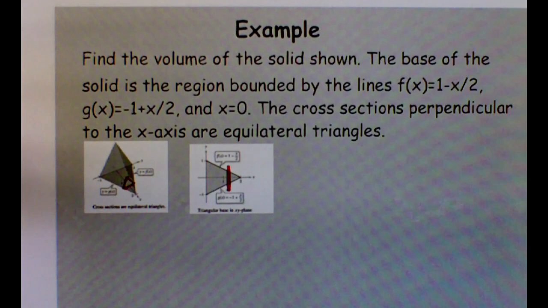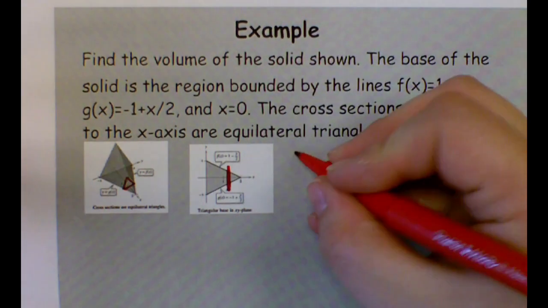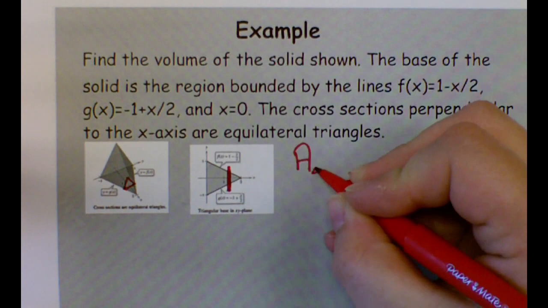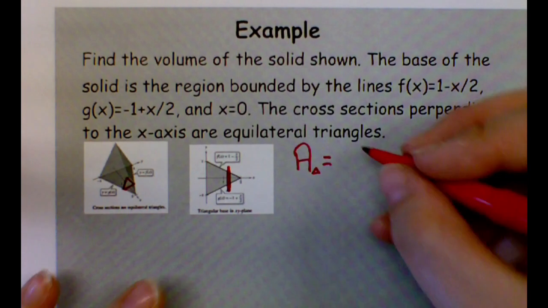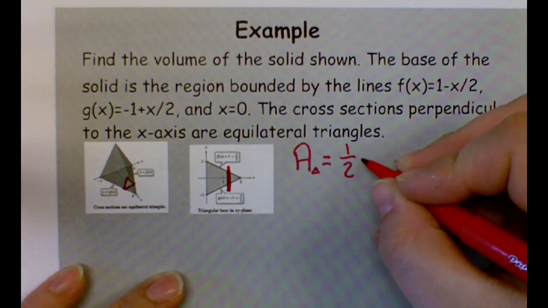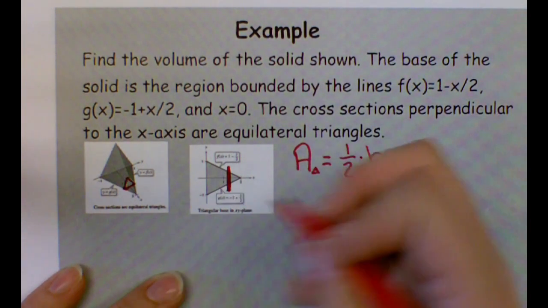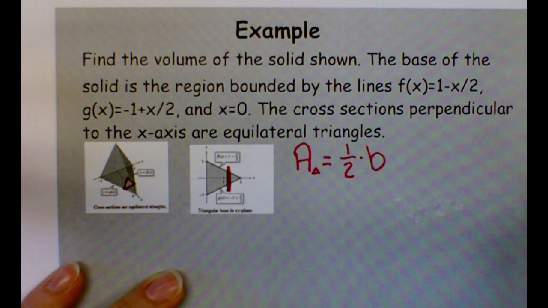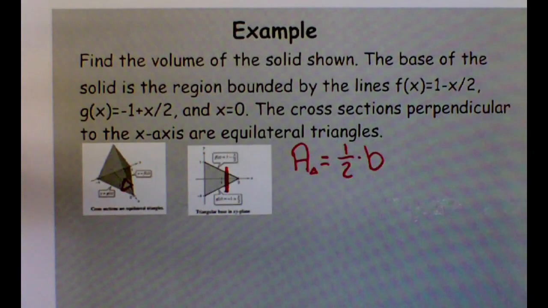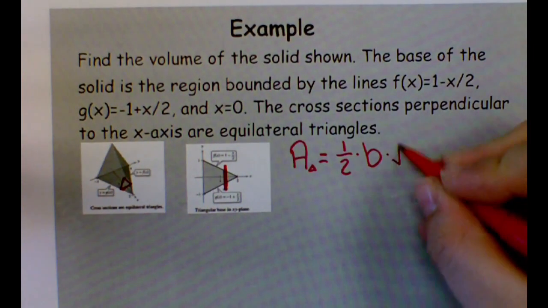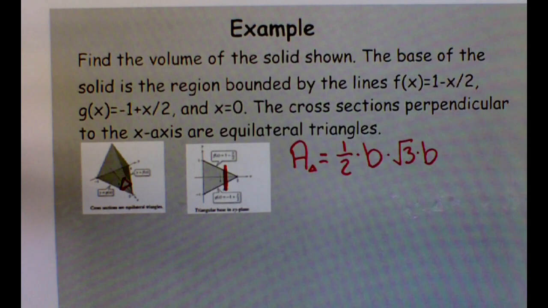So first thing we need is, how do I find the area of an equilateral triangle? Well, we know it's always 1/2 base times height. So it's going to be 1/2 times the base times the height, which happens to be, in a special right triangle like this, the square root of 3 times that base.